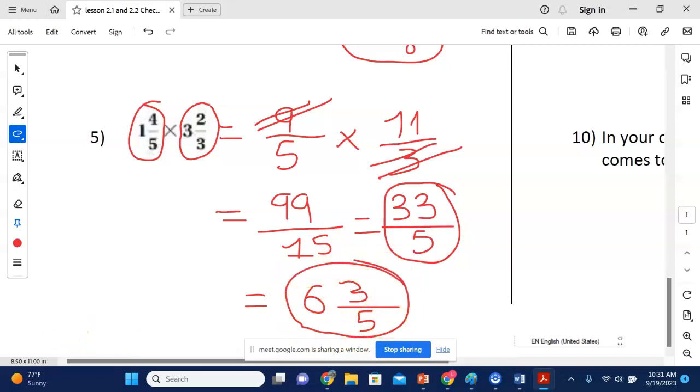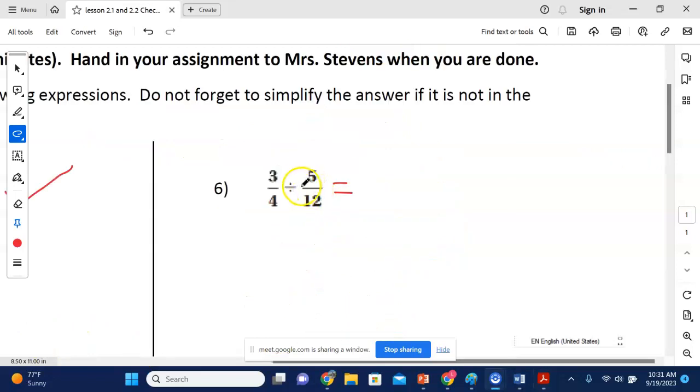There is number 5. Can somebody remind me what is the rule when it comes to dividing fractions? Keep, change, flip. So what am I keeping? I'm keeping the what? No, I'm not keeping the number.